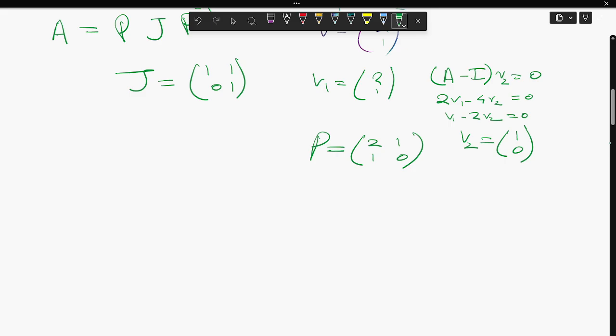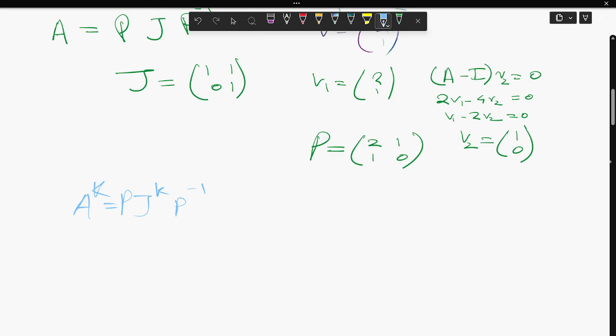Okay, so now we are going to compute A to the power K. Using the Jordan form, we can write A to the power K as P J to the power K P inverse. If we write P inverse, then P inverse P will be identity. So we finally get A to the power K is equal to P J to the power K P inverse.